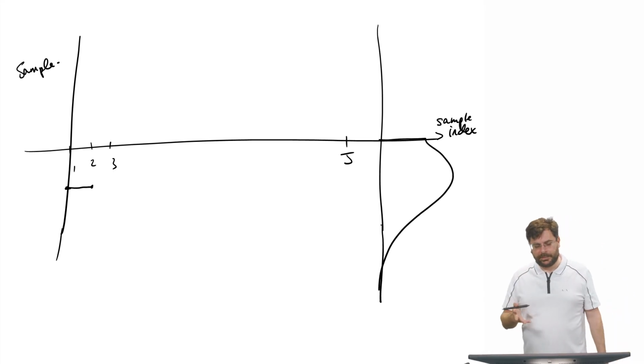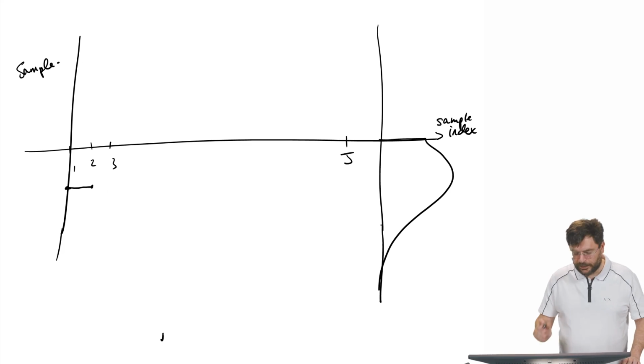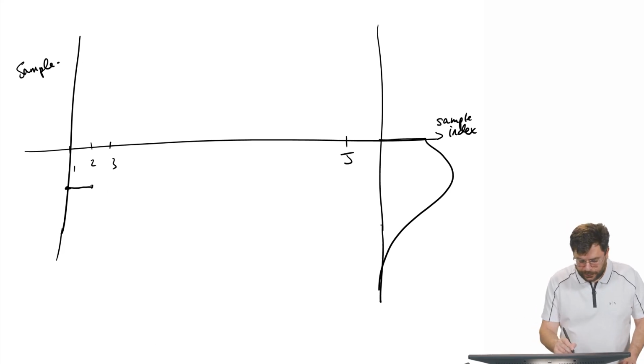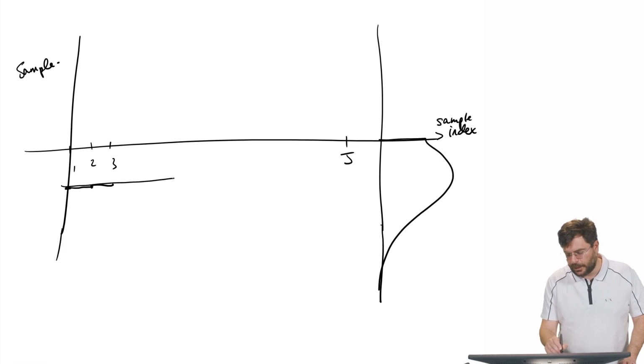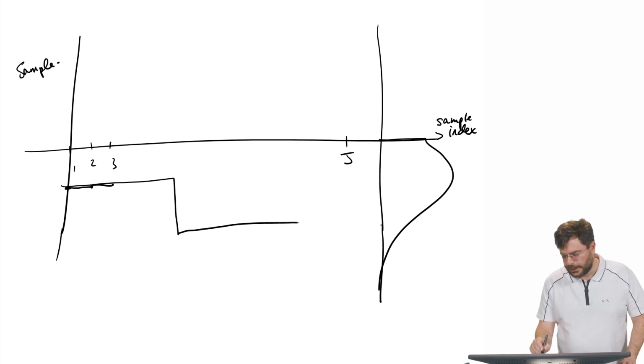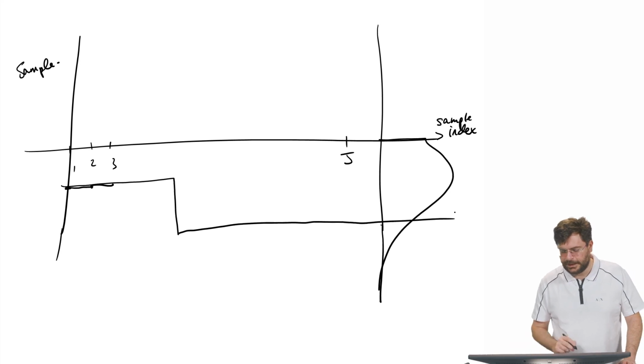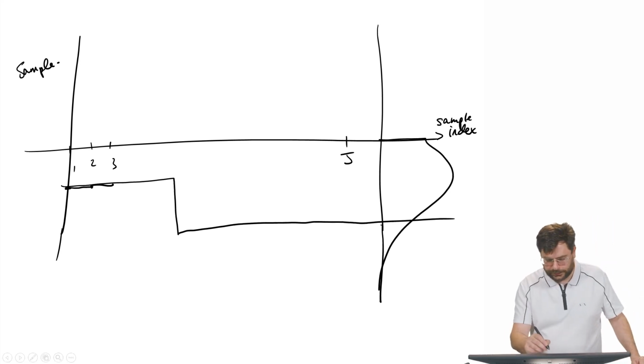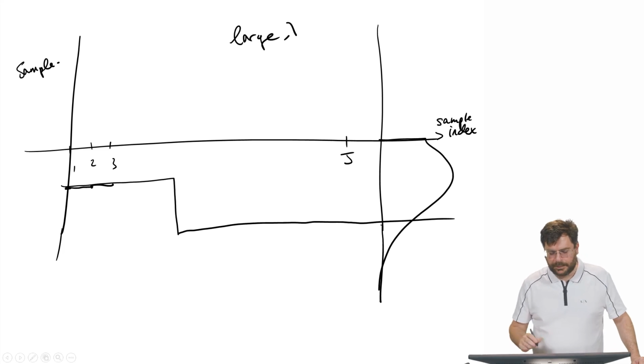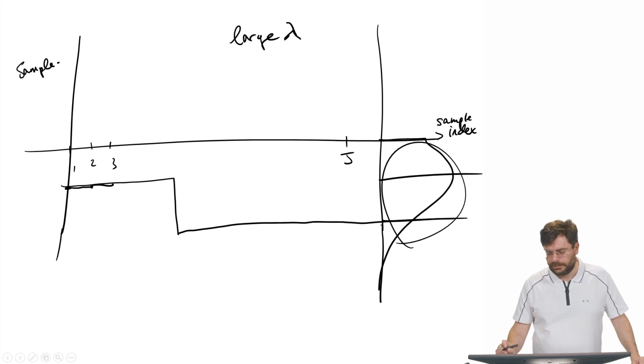Then I propose a next sample, again way out here, and it gets rejected. So my R new is my R old. And so I keep getting rejected. Every so often I accept something, and then I keep getting rejected again, and I kind of stay there. This is for large lambda. If I histogram my samples, what do they look like? Not great. I'm going to have one sample here and another one there. That doesn't look anything like my target distribution.